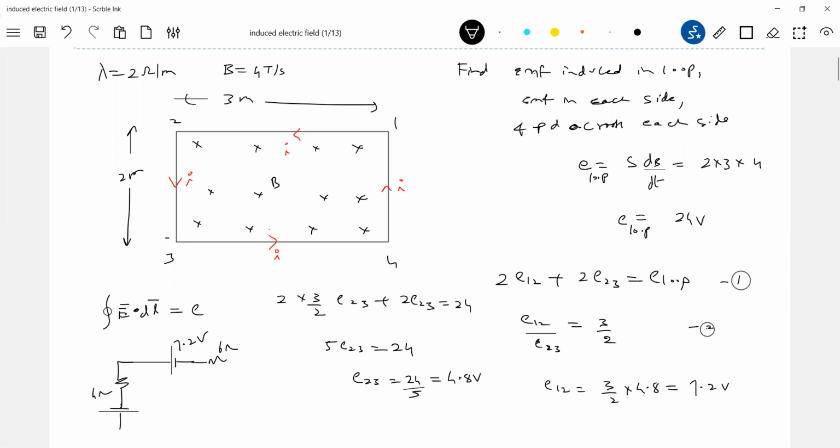Then 4.8 volt. So this will be the direction of current.